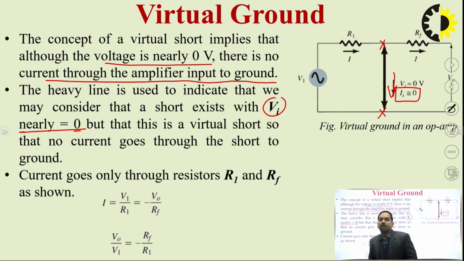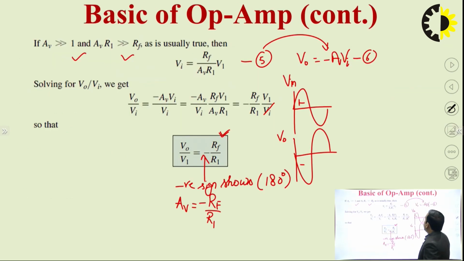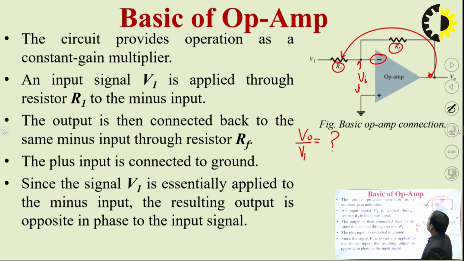So we can say the current is 0. This is nothing but the virtual ground or virtual short. So current basically bypasses this path, going through the feedback resistance Rf, and no current enters the input terminal of the op-amp.